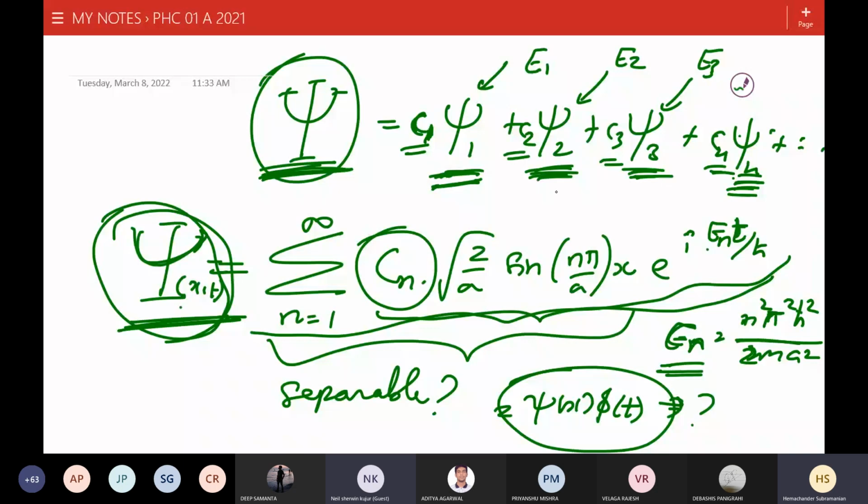But in the general case, where you have a linear superposition of the eigenfunctions, you cannot do this. It's impossible. So what happened was we constructed a solution which is not separable from separable solutions.